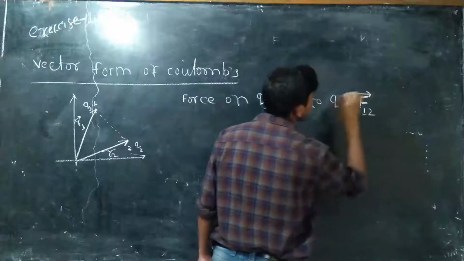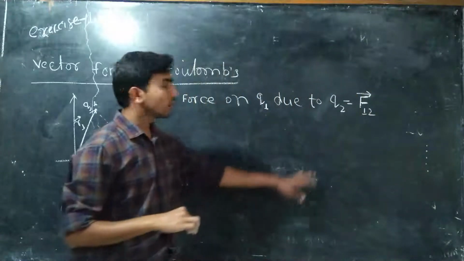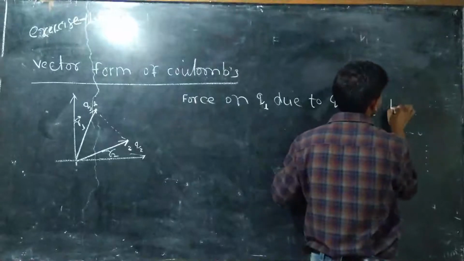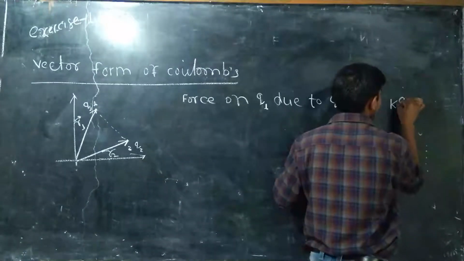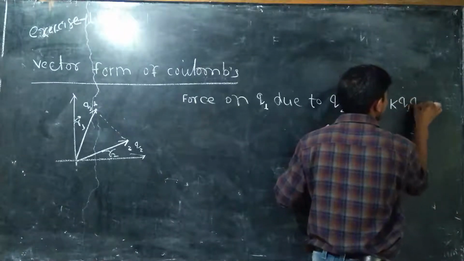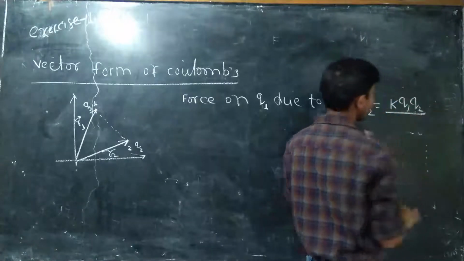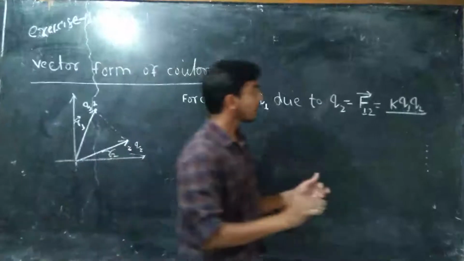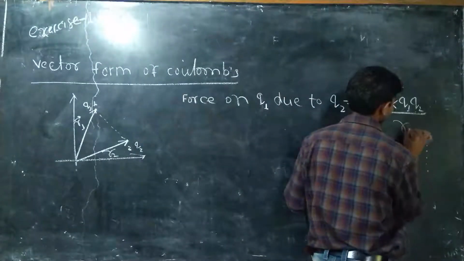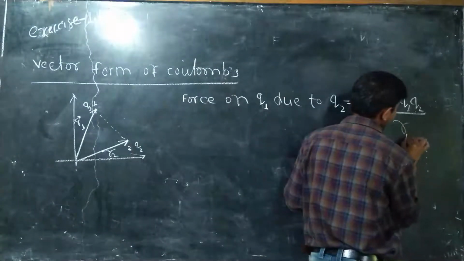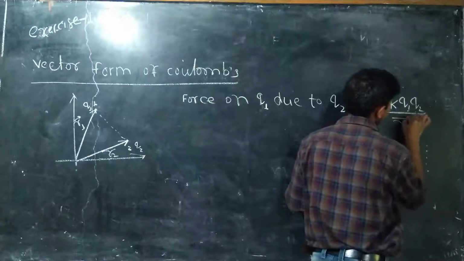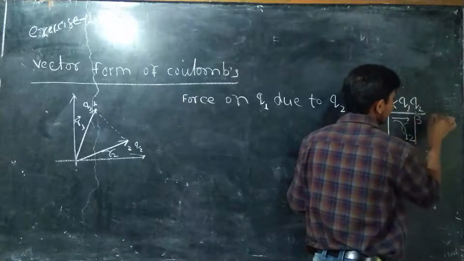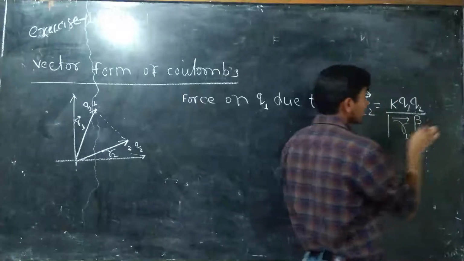which is equal to F12, right? And this force will come equal to K Q1 Q2 by magnitude of R12 to the power 3, right?